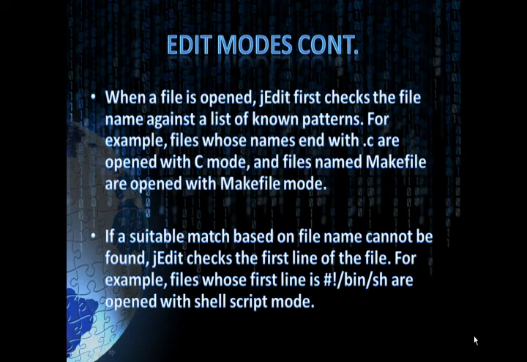If a suitable match based on file name cannot be found, jEdit checks the first line of the file. For example, files whose first line is specified in this slide are opened with a shell script mode.